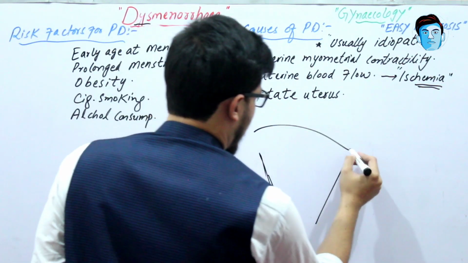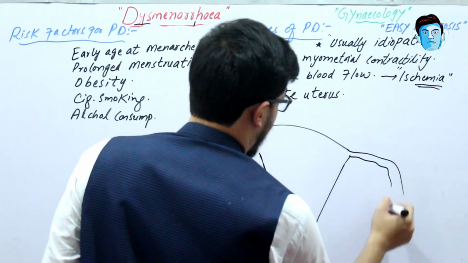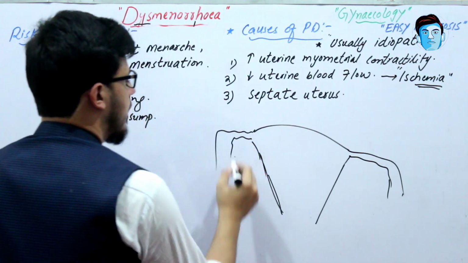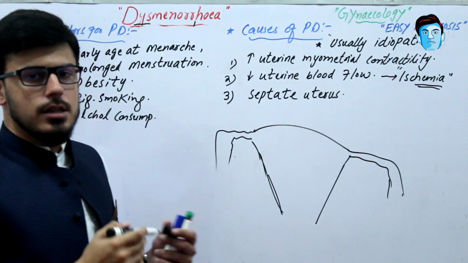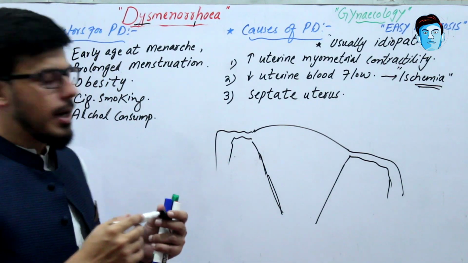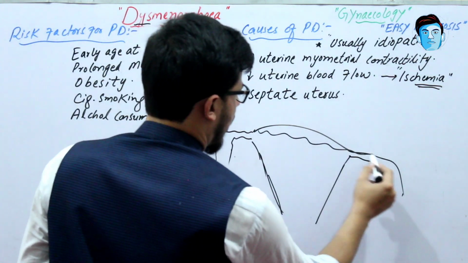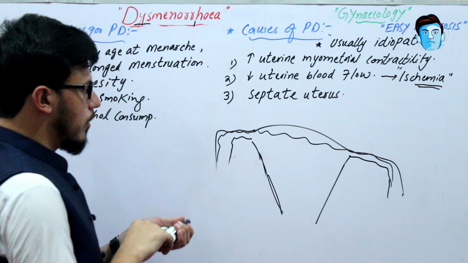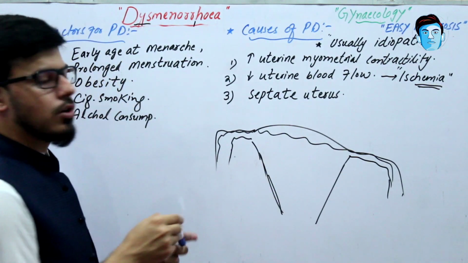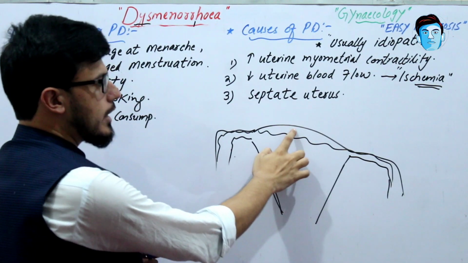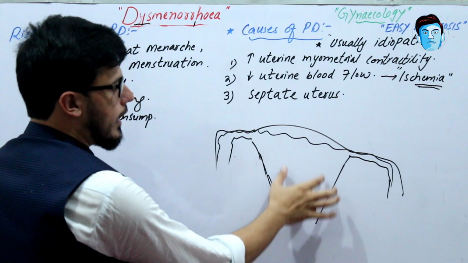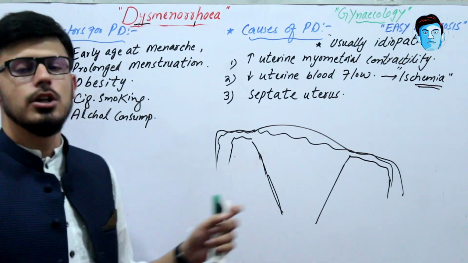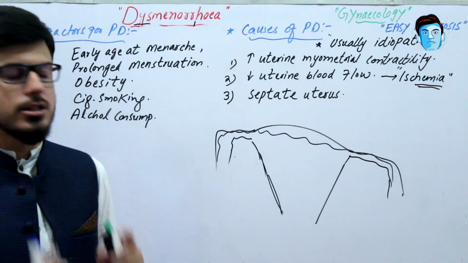We already discussed that the uterus consists of three layers. The uterus also consists of three parts: the fundus, the body and the cervix, which is the neck of the uterus.